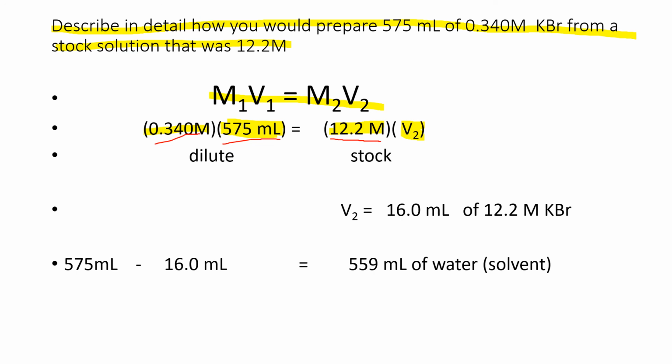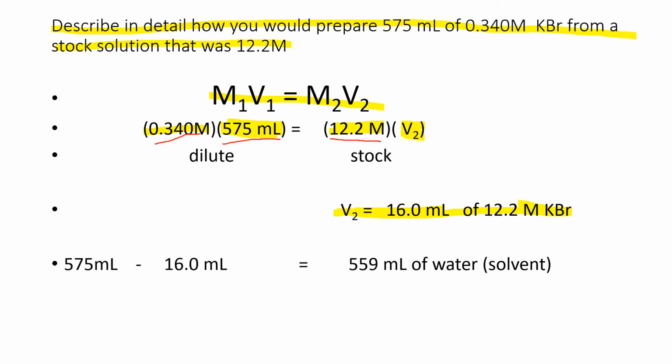That would isolate your volume of stock solution. When you do that, you'd find it would be 16 milliliters. Well, what does that 16 milliliters represent? That 16 milliliters represents the volume of that stock solution. That's how much of that 12.2 molar solution you had to start with.